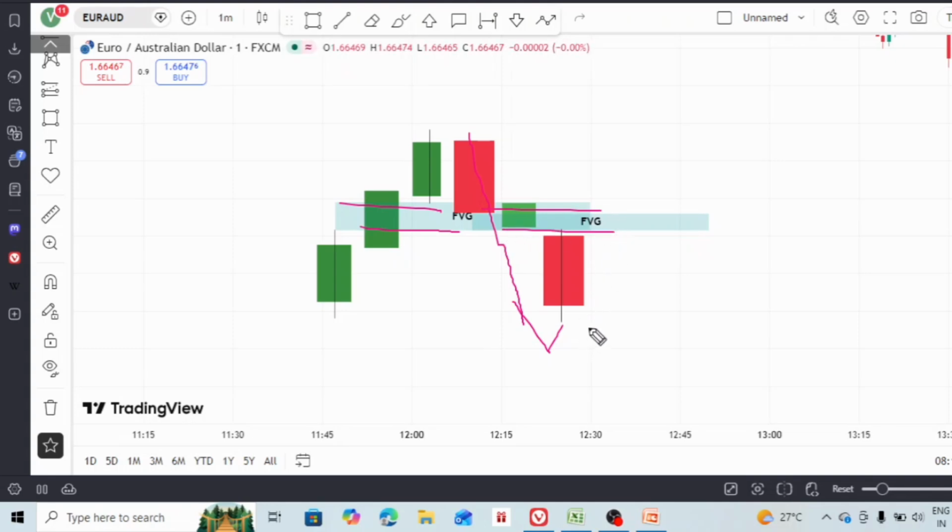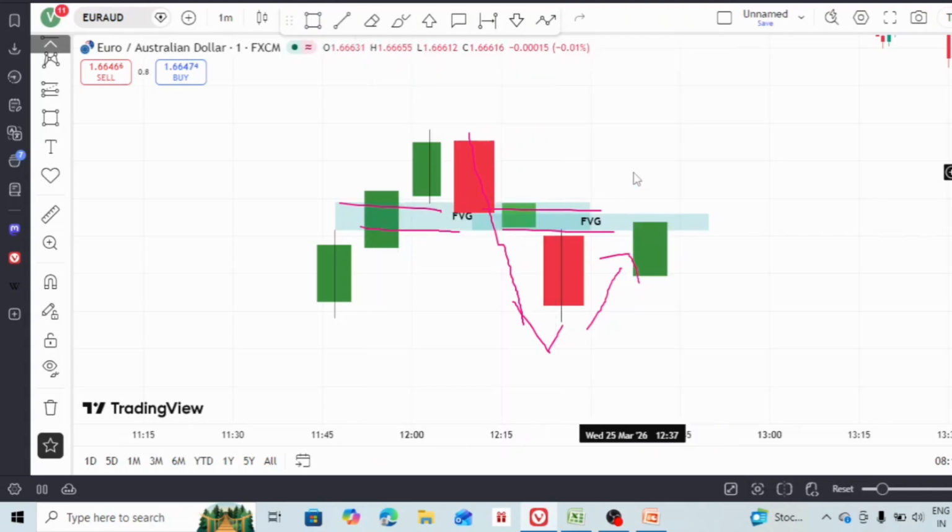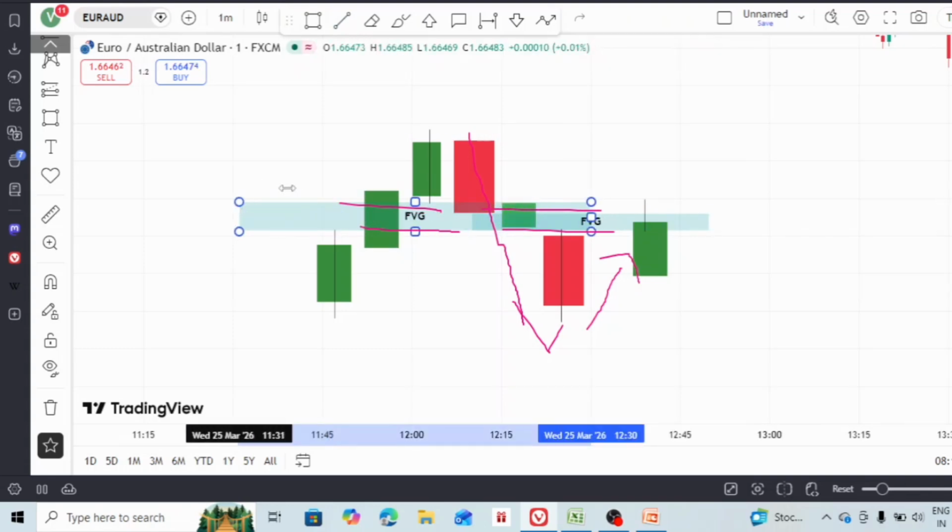Later if the market went up here and got a rejection, the market went up to this gap and got a rejection from this inverse fair value gap.